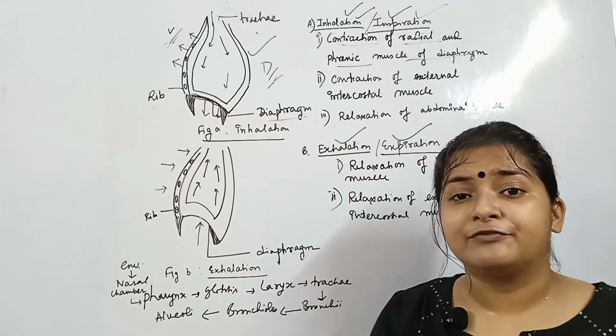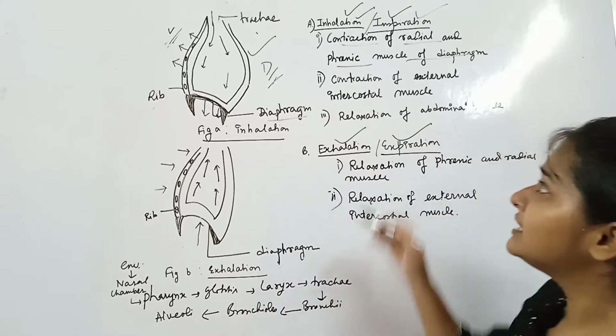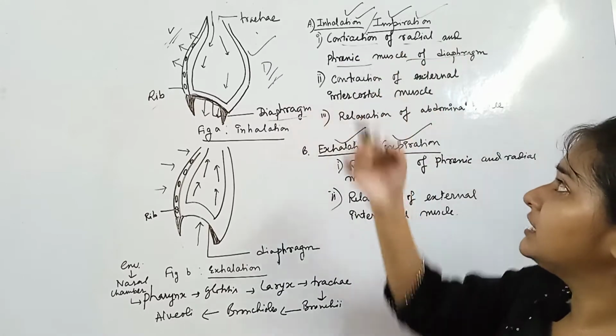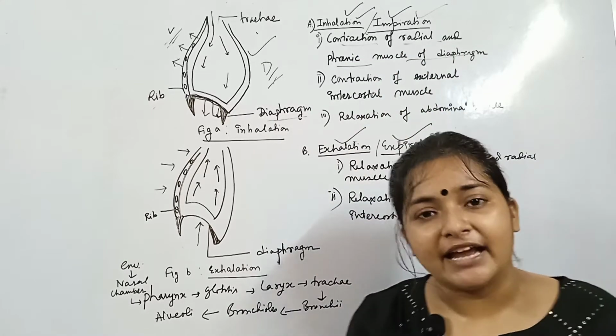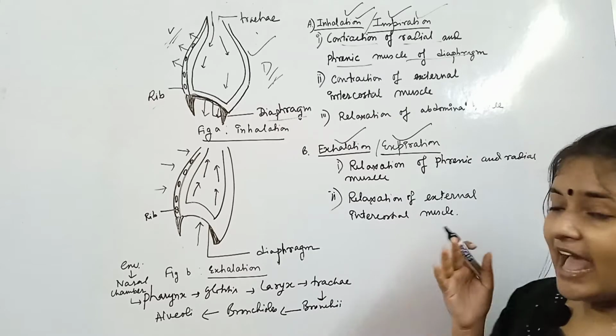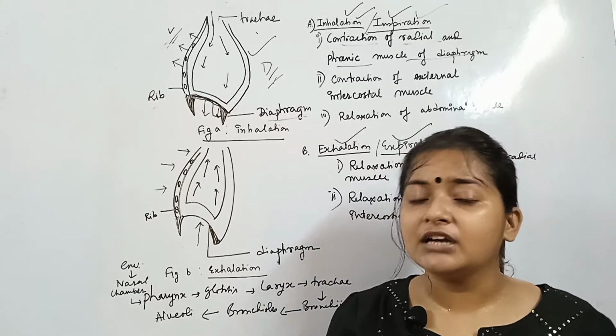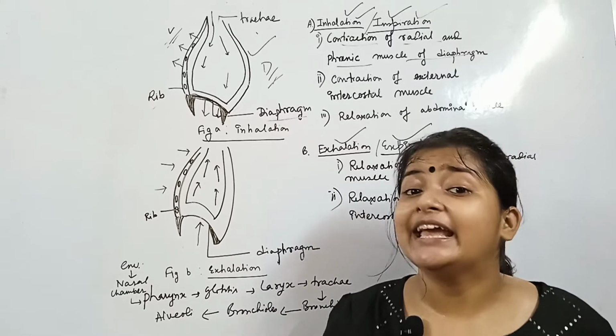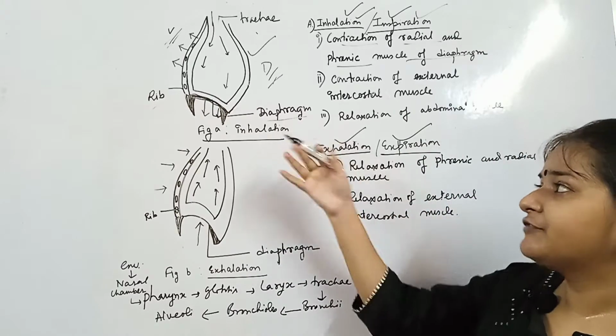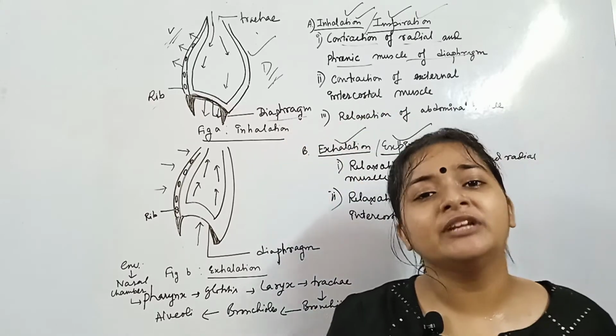During breathing, the diaphragm goes downward because of the contraction of the radial and phrenic muscles, and when it goes downward, the thoracic cavity enlarges. What happens to the abdominal cavity?